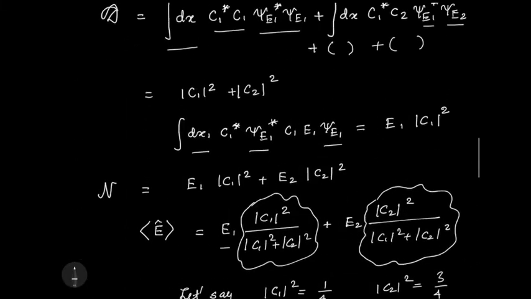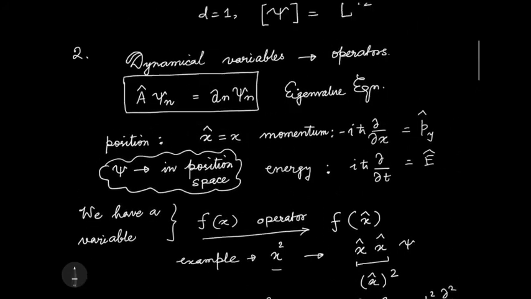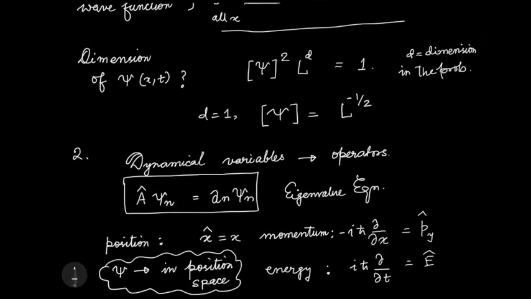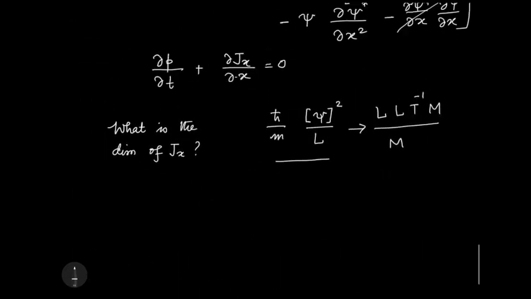Psi, if you remember, we worked on its dimension. It had a dimension of L to the minus half. So this is L to the minus 1, and I have another L in the denominator. So the Jx, what dimension is left for it? So M cancels out, one L cancels out here.